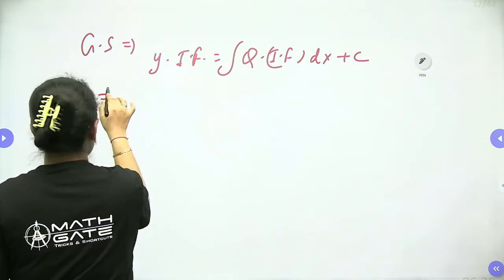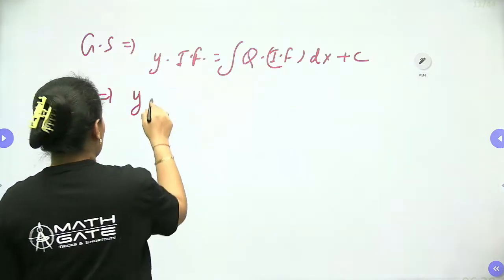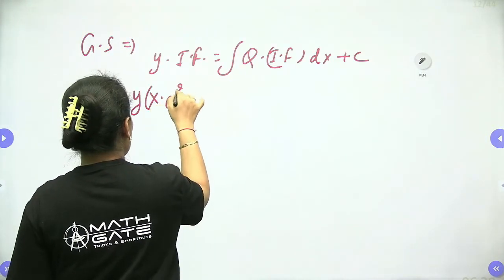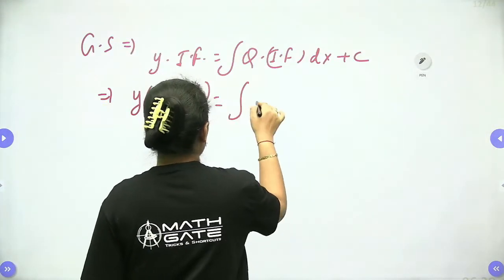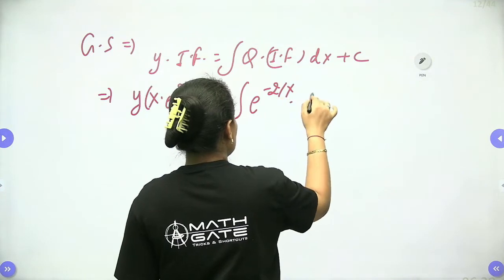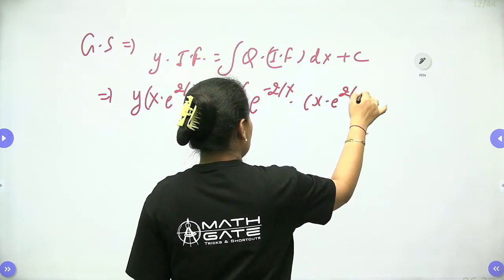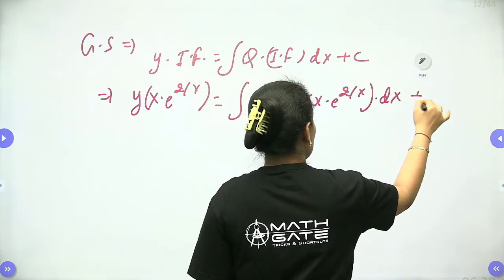So y into x e to the power 2 by x equals the integral of e to the power minus 2 by x times x e to the power 2 by x dx plus c.